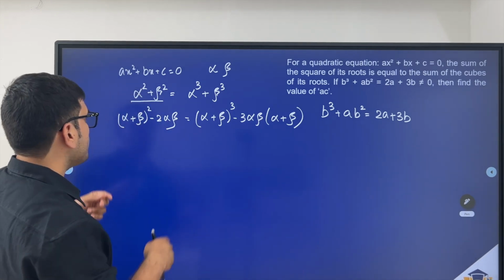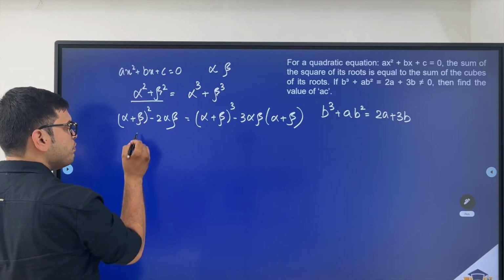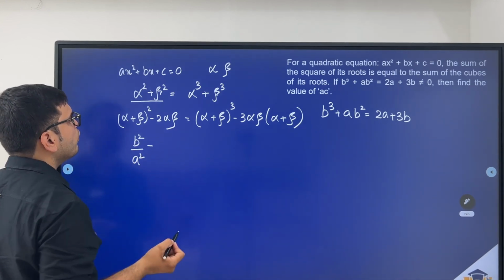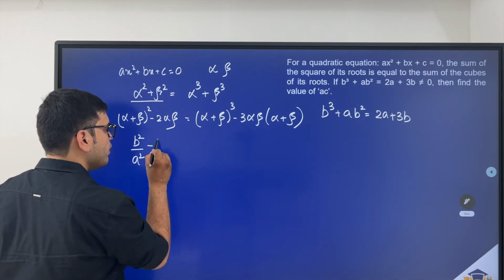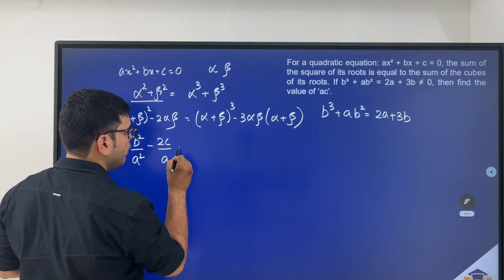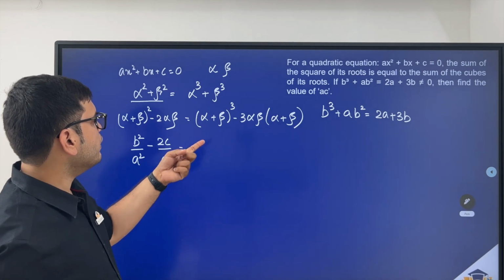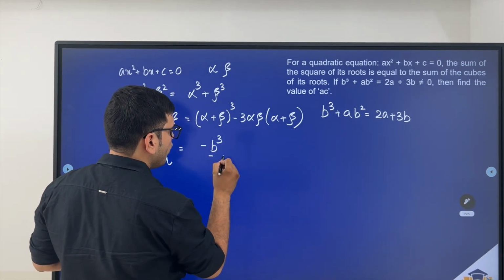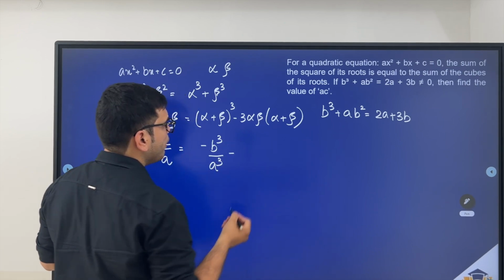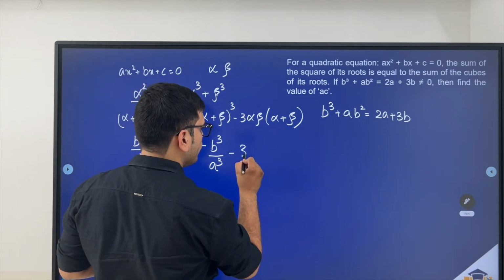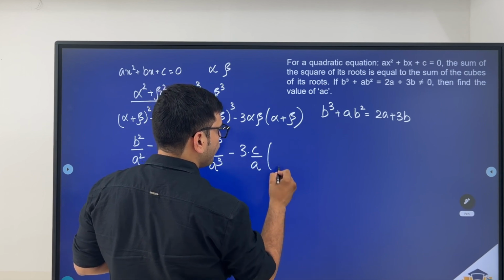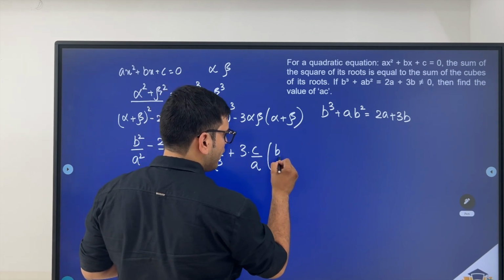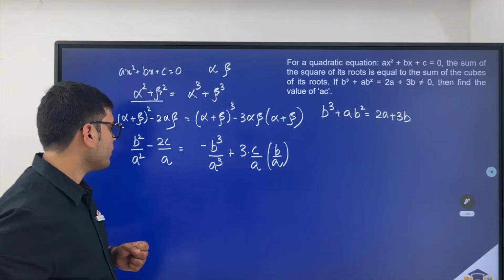Just to make sure that we'll be forming an equation in terms of a, b and c. Now the sum of the roots is minus b by a. Now minus b by a whole square is b square by a square, minus 2 into product of the roots, c by a. So 2c by a is equal to alpha plus beta, minus b by a, whole cube, that is minus b cube by a cube, minus 3 into c by a, the product of the roots, into minus b by a, minus into minus is plus, and we have b by a, right?